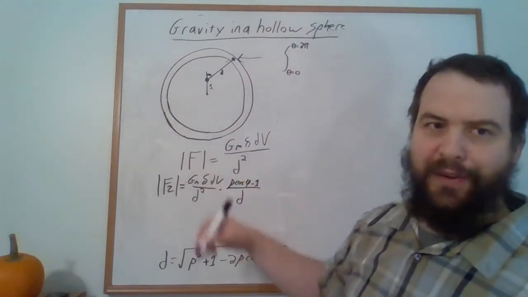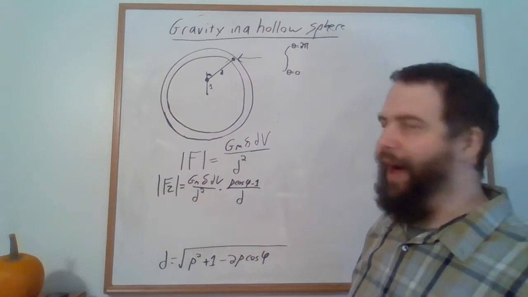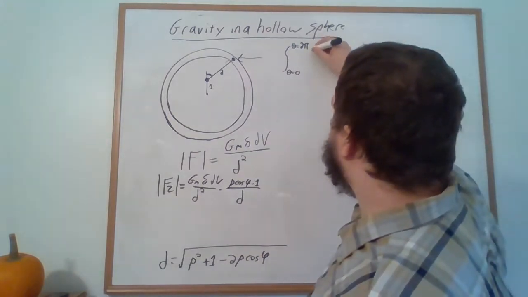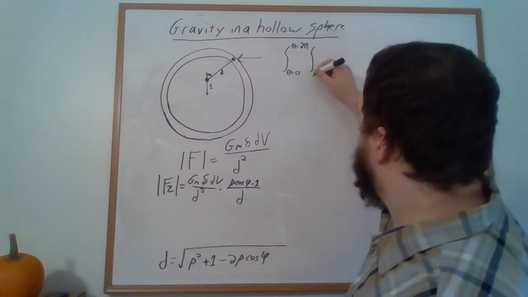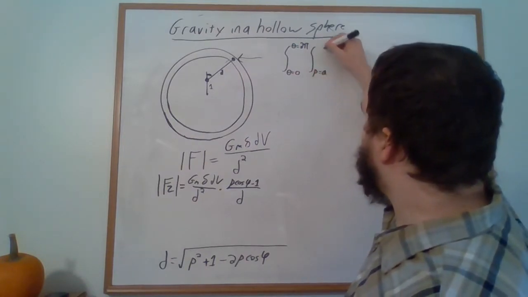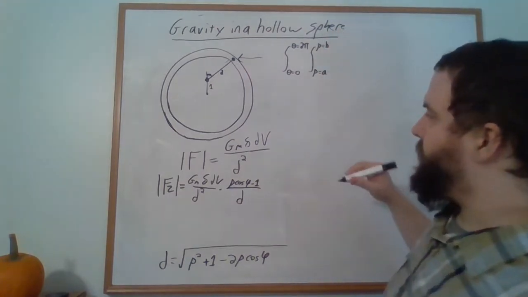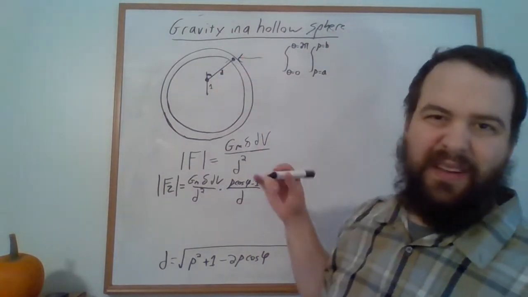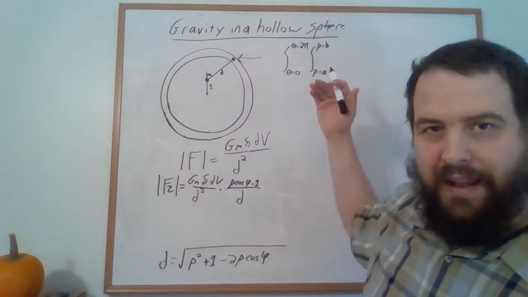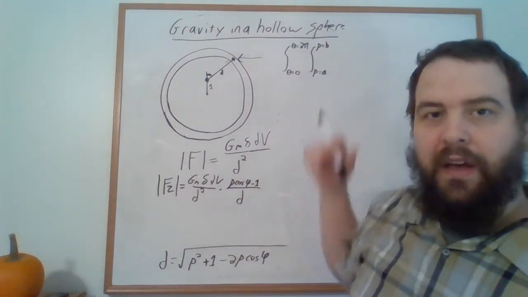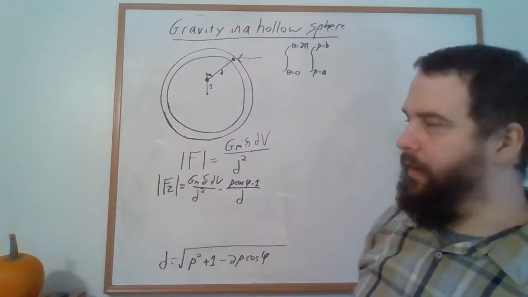Theta isn't involved here, so it's actually going to just work out as multiplying by 2 pi at the end. The integral from, hold on, I want to do these in the right order, rho equals a to rho equals b. And again, it doesn't really matter where we start or end the shell. We'll see that things work out very nicely regardless of our choice of a and b. So we can be a little bit loose here.